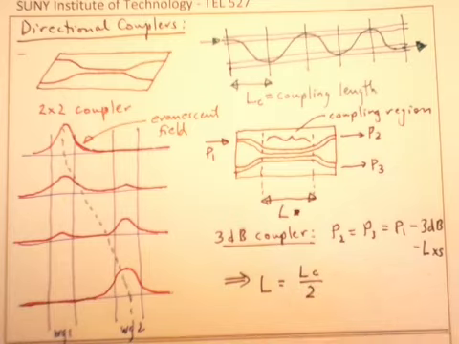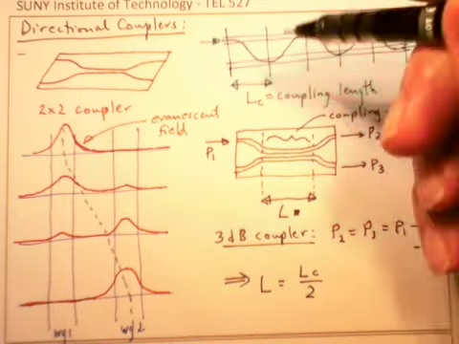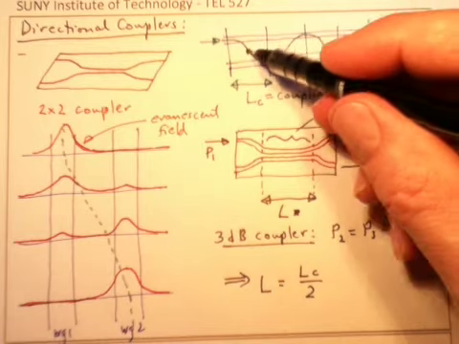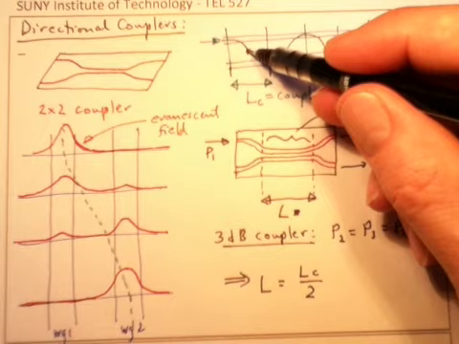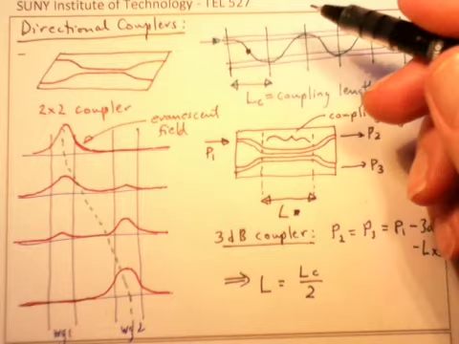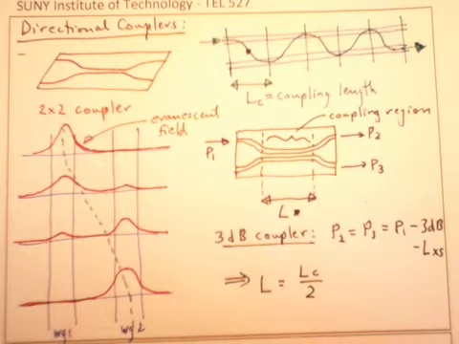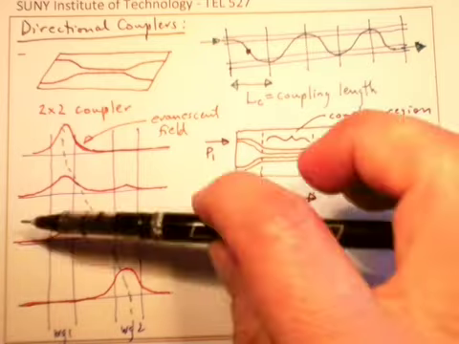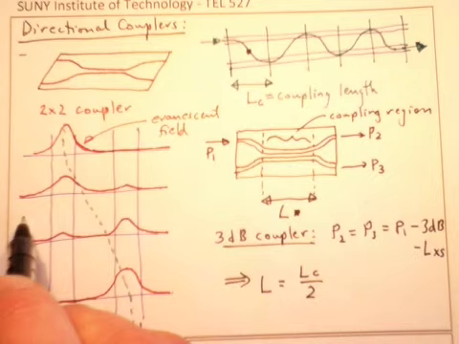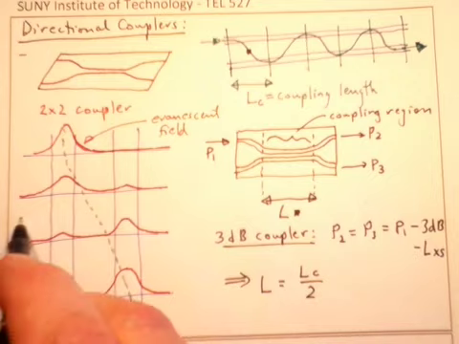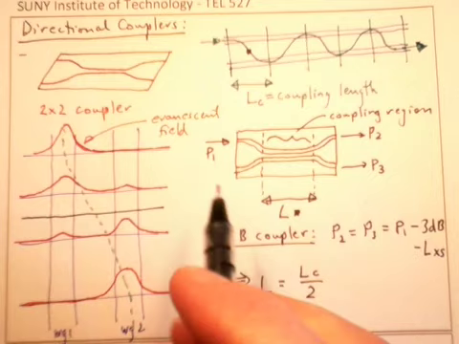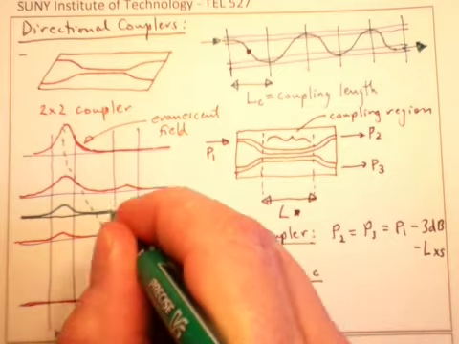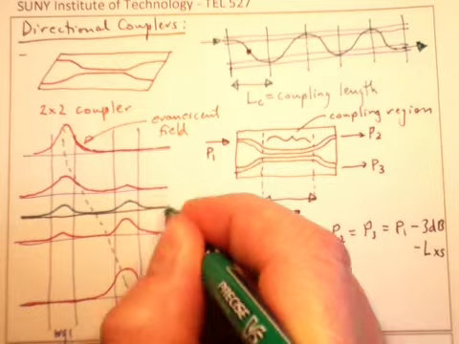Okay? And that will give us the situation where the optical power is halfway between waveguide 1 and waveguide 2, and this will work. And so I guess I could add an intermediate situation here where the light really is 50, 50.